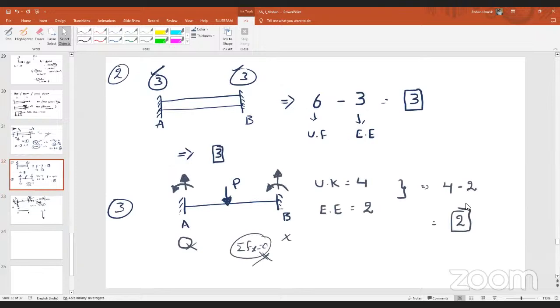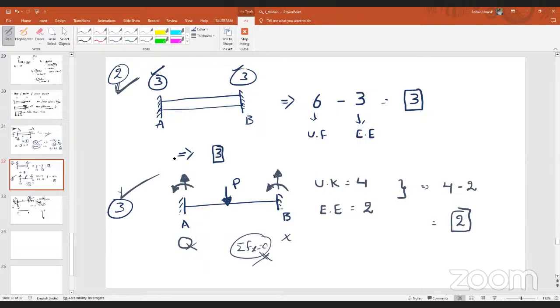So, if nothing is mentioned in the question, you have to consider case 2. If specific loads are given, then you go for case 3. Is it clear to everybody how many reactions we have to consider depending upon the type of force?